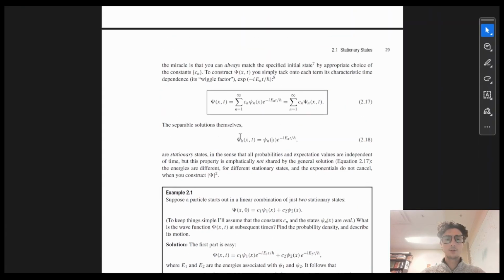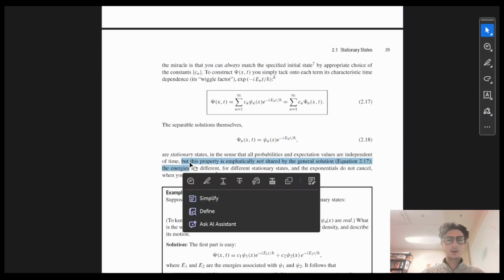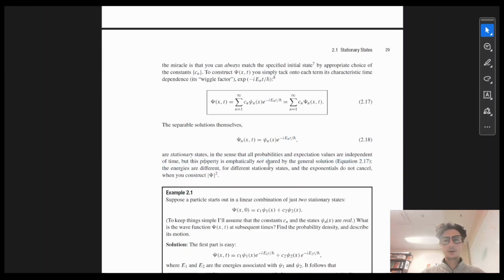Okay, just looking at those little extra things there. The separable solutions themselves, psi n equals psi n of x times the wiggle factor with the energy En, are stationary states in the sense that all probabilities and expectation values are independent of time. This is why we call them stationary states. They don't depend on time.